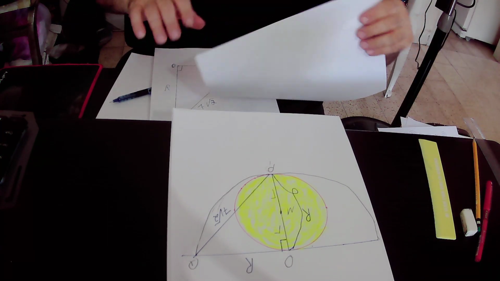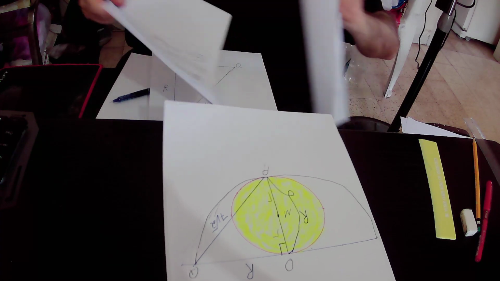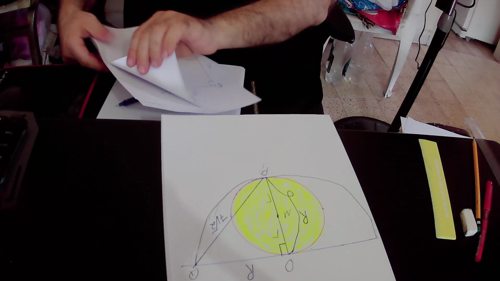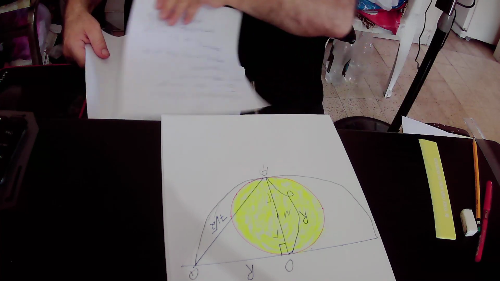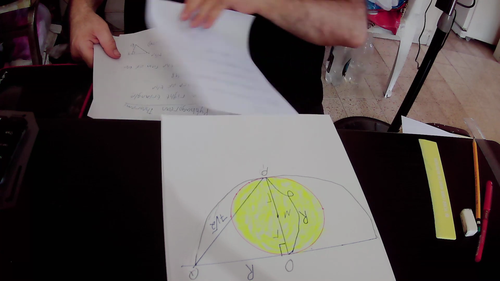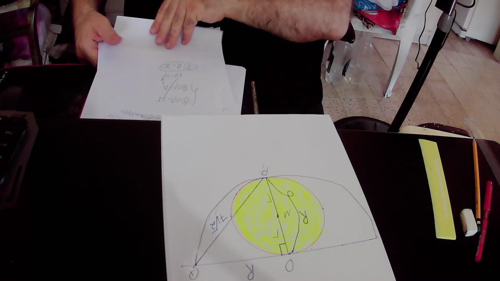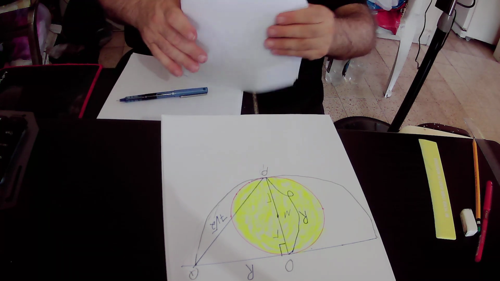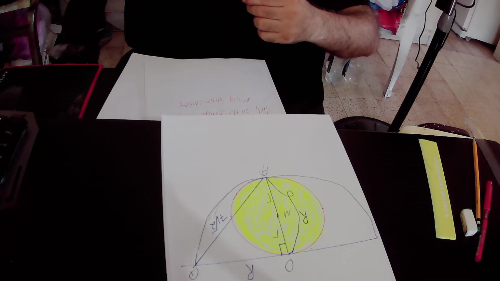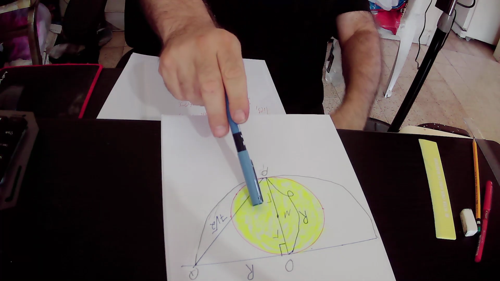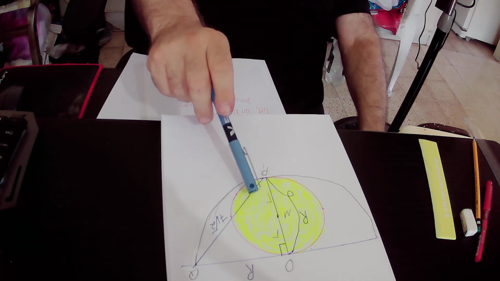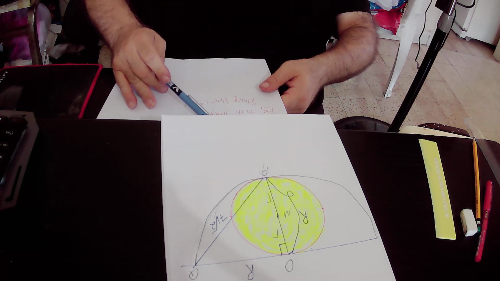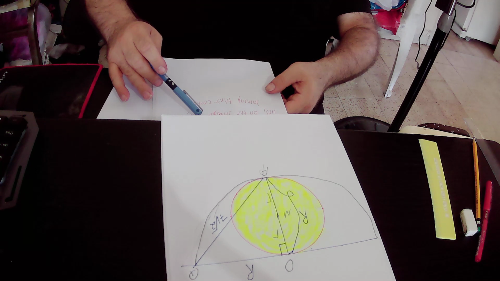Okay, so the area of this yellow circle equals 38.48 units. Okay, so that is the answer to the question.